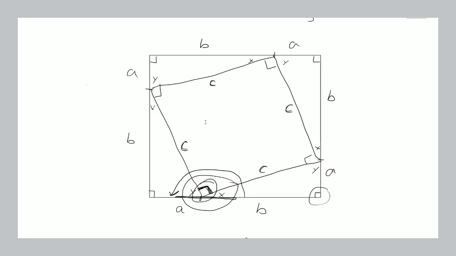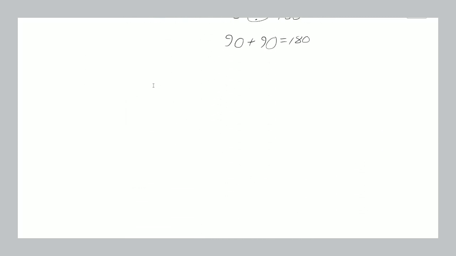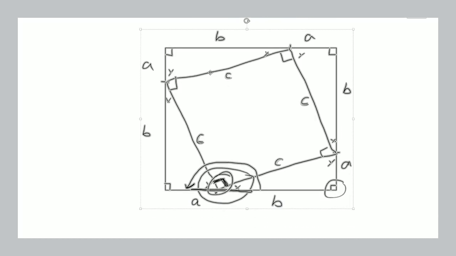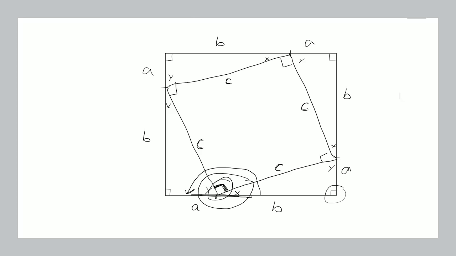Okay, and here's what we're going to do next. Let me just copy and paste this so it's easier to see. We're going to take these corners and we're going to rotate these triangles.